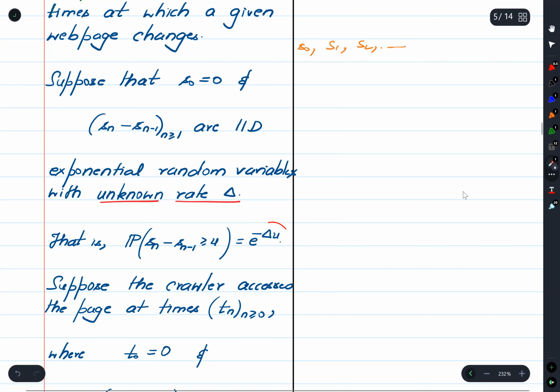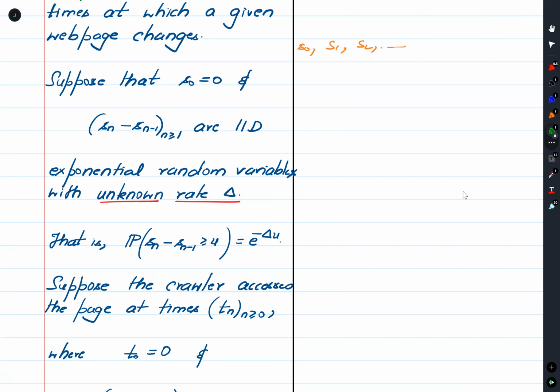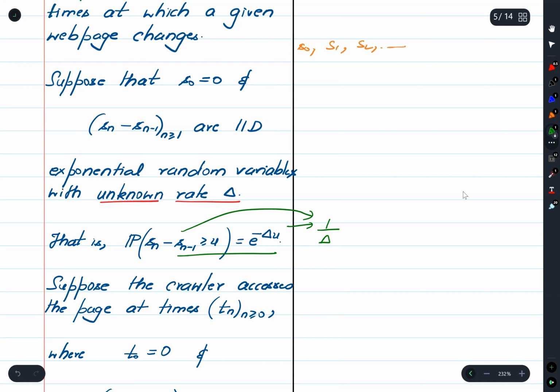So this delta is this delta over here. When I say rate, I mean the inverse of the mean of an exponential random variable. If the tail distribution is this, then the mean of this random variable will be 1 over delta. Is that okay?